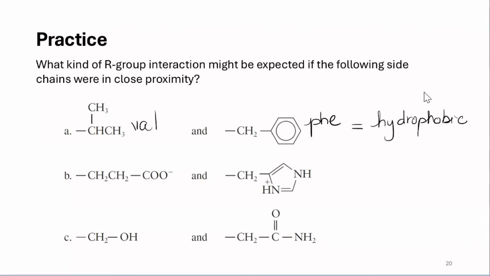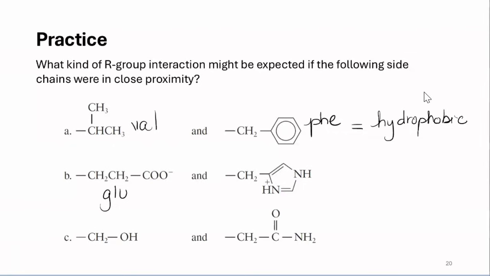Next, we have a CH2CH2COO versus a CH2 with a heterocyclic amine. When we look closely at which amino acids those side chains belong to, the first one belongs to glutamate, in other words glutamic acid, whose three-letter code is GLU.